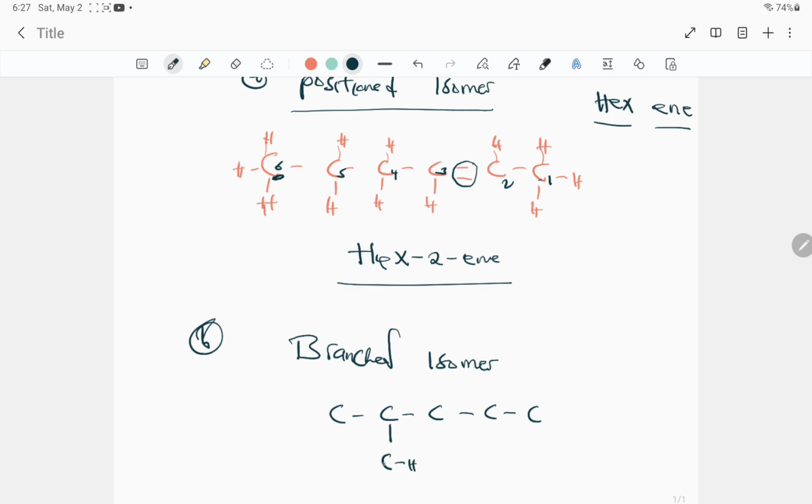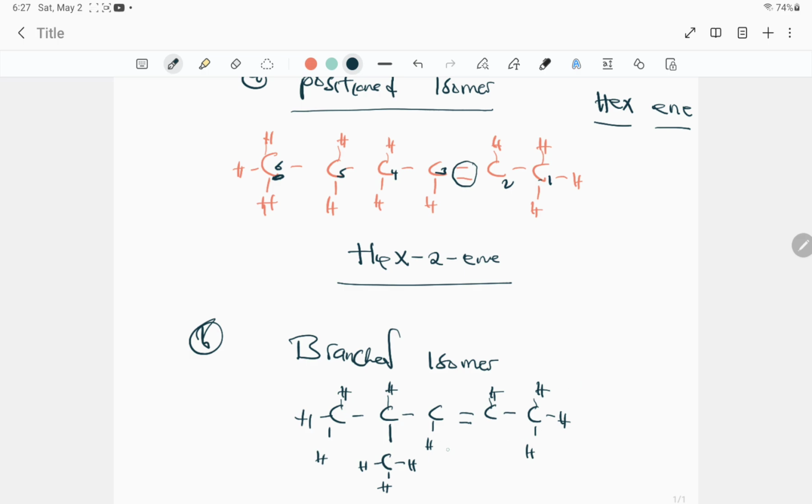We talked about the name of this branch. Then I'll maintain the same position 1, 2. So I'll maintain it like that. So then we write the way it's supposed to be. So 1 carbon, 1 carbon, 1 hydrogen, not carbon.